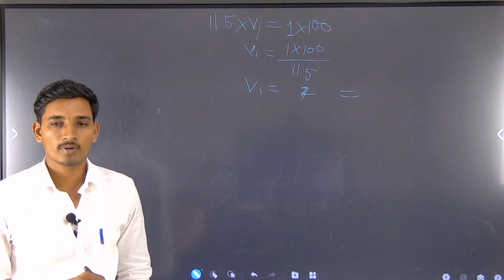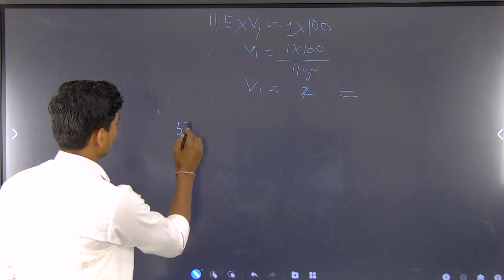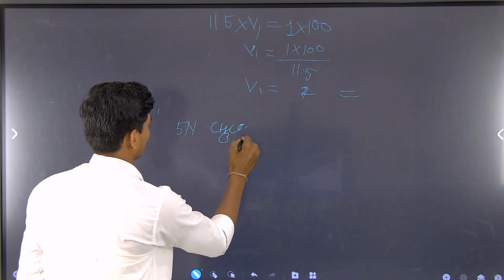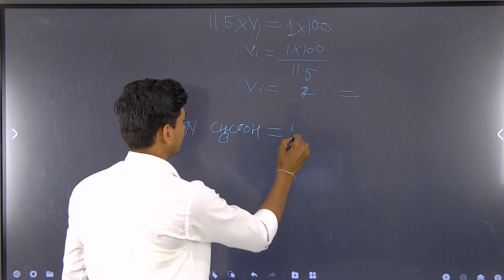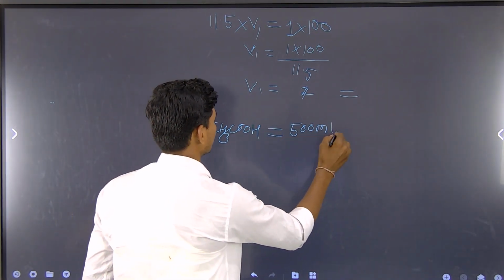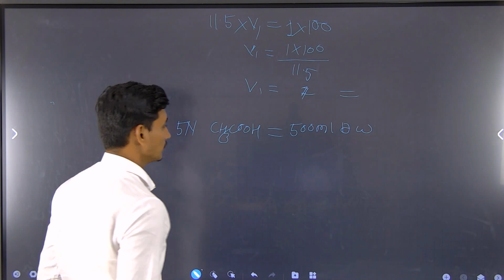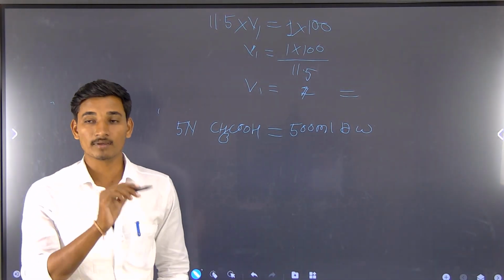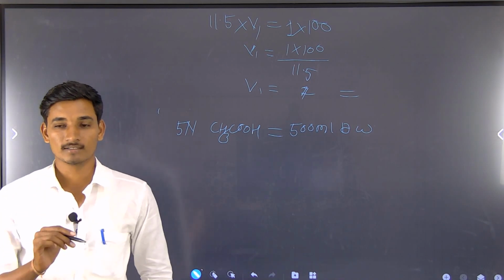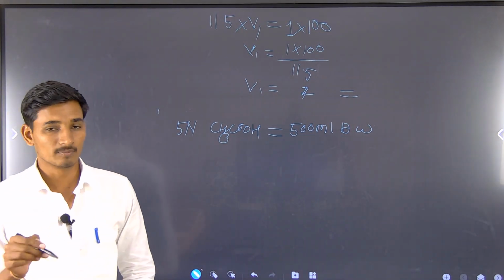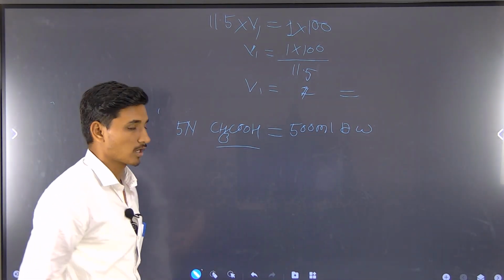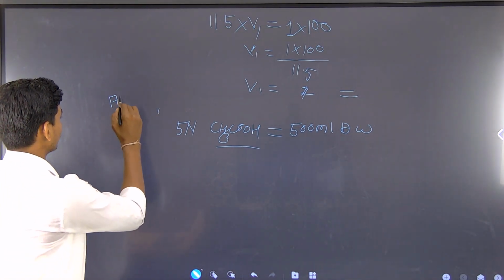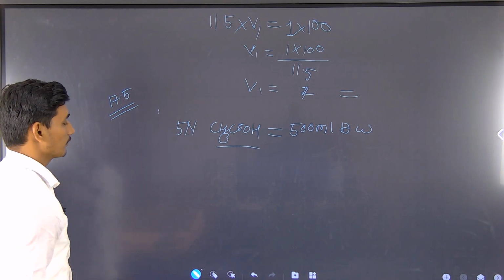For example, we have to prepare 5 normal acetic acid in 500 ml of distilled water. How do we calculate this? We must know the normality of the chemical compound. HCl is 11.5; similarly, the normality of acetic acid is about 17.5.